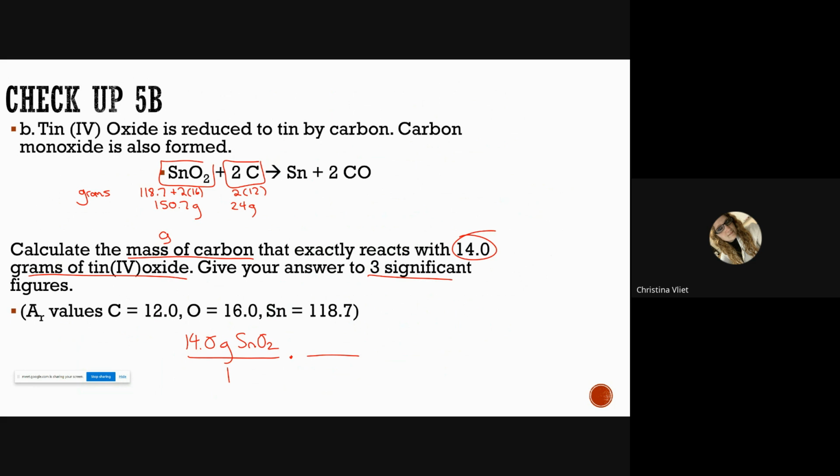It has to be 150.7. Because whatever is on the top in one step has to be on the bottom in the next. And then this becomes 24 grams of carbon. That cancels. Multiply and divide, you get your answer. What's the answer here? If you've worked it out. I get 2.23.